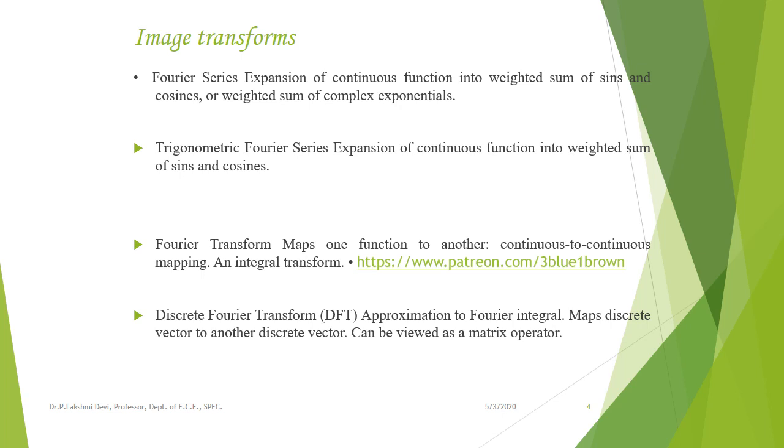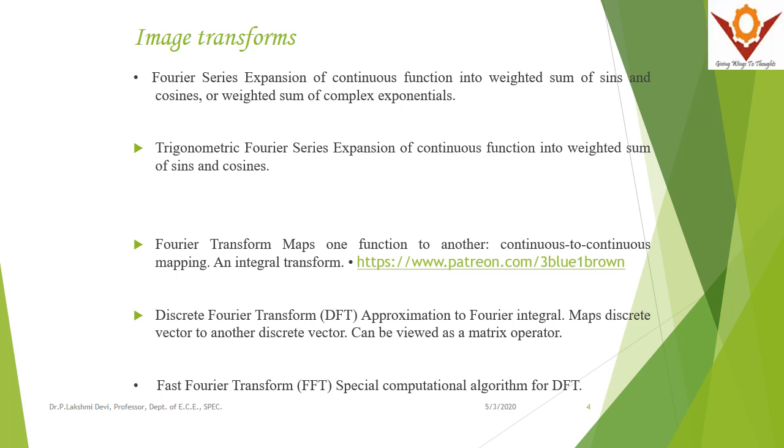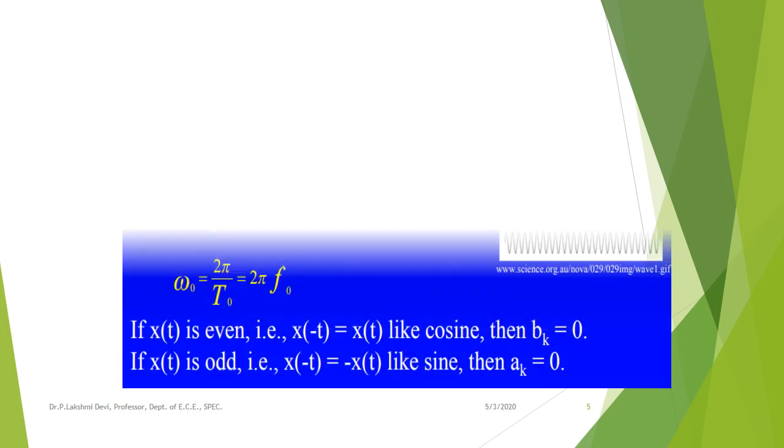After discrete Fourier transforms, we have fast Fourier transforms, a special computation algorithm for discrete Fourier transforms. These are used in signals and systems, digital signal processing as well as digital image processing.